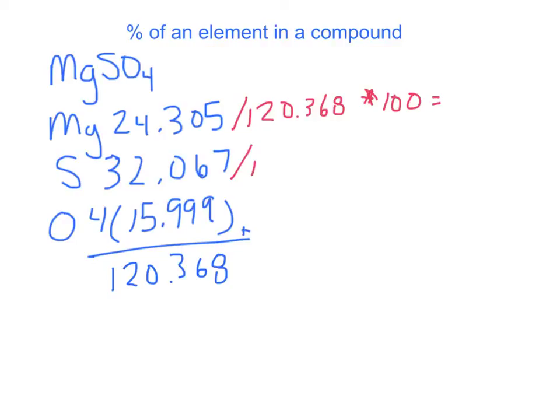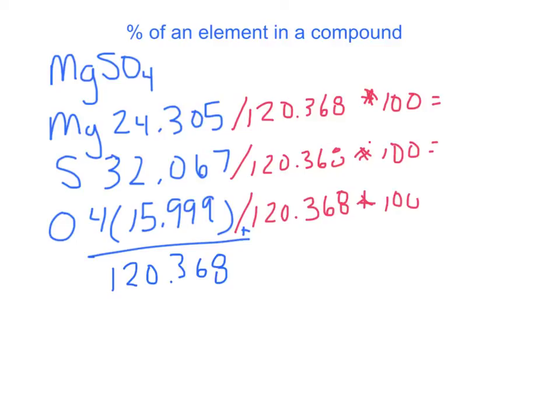Do the same thing here and times it by 100, divided by 120.368 and times it by 100. Okay, when we report percent, report it to 2 after the decimal. So we're going to do that really quickly.